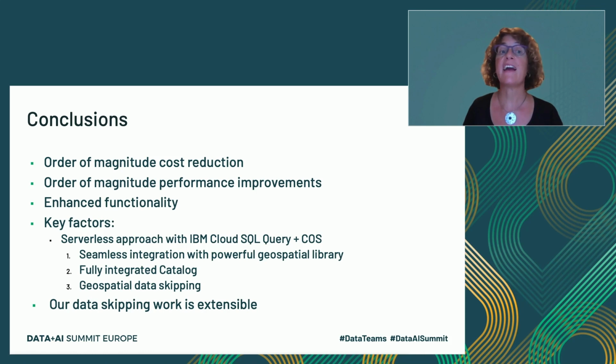SQL Query has a powerful geospatial library, fully integrated catalog, and last but not least, geospatial data skipping. Finally, I want to point out that our data skipping work is extensible. It can be applied to other domains other than geospatial, for example, log analytics or genomic data analysis.